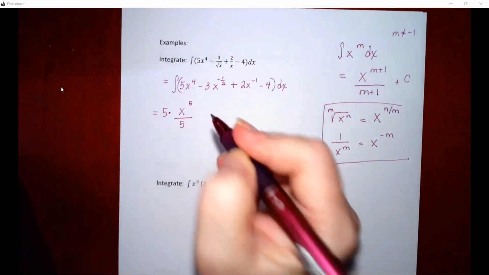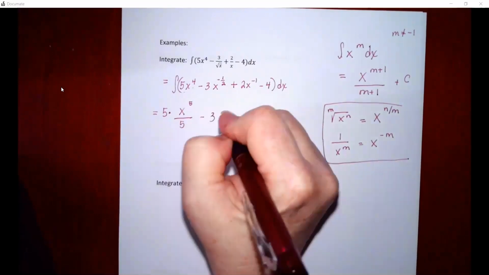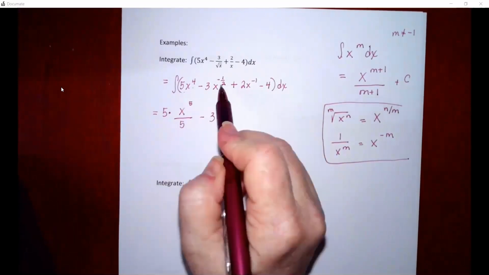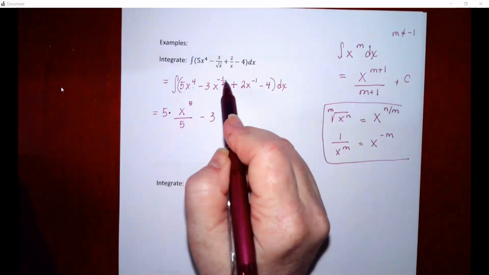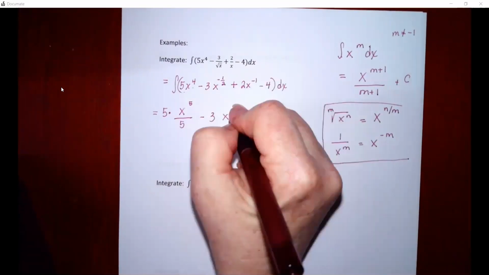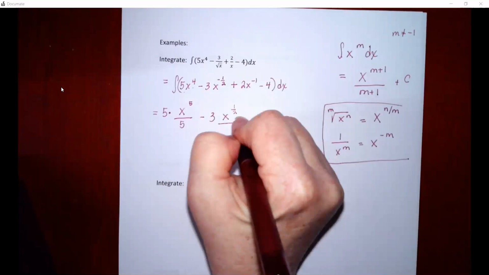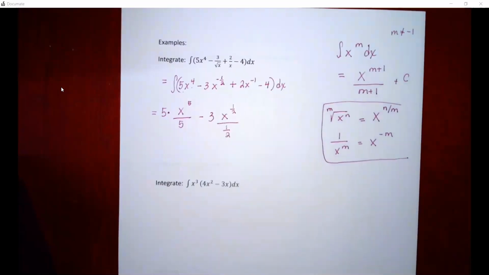Then we'll have minus 3 times x to the, when you add 1 to the exponent here, negative 1/2 plus 1 is positive 1/2, and divide by that new exponent.